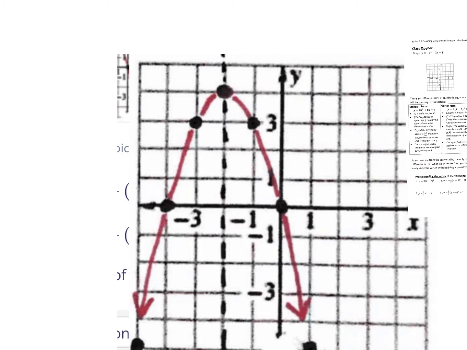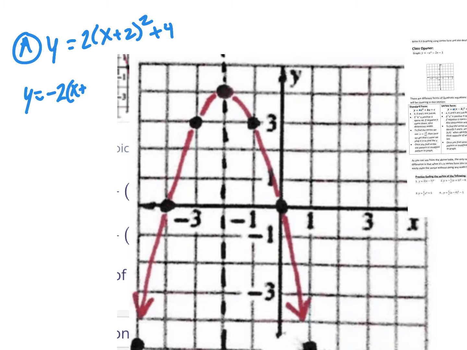Like maybe option A is y equals 2 parentheses x plus 2 squared plus 4. Let's say option B is y equals negative 2 parentheses x plus 2 squared, and so on and so on.